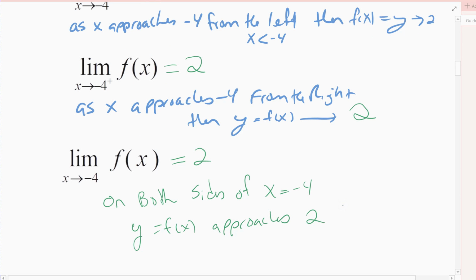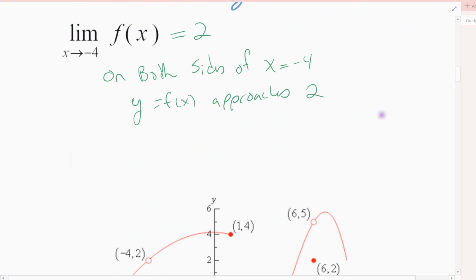And since both sides are the same, there's no plus or minus on this one. This is the general limit. The general limit exists if both sides are approaching the same thing. All right, so if both sides approached 2, it's equal to 2. All right, let's look at the next one.